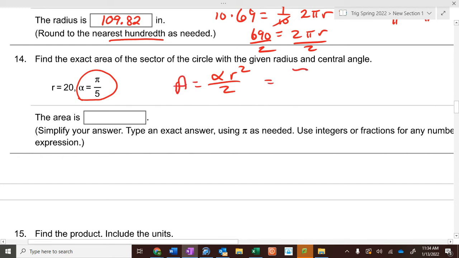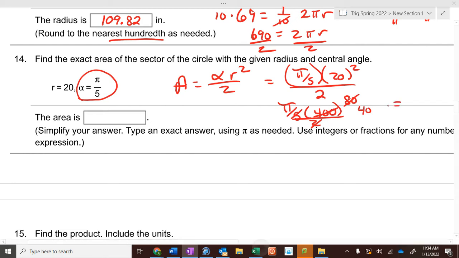So our angle is pi over 5 times the radius is 20, square it, and then divide it by 2. So it's pi over 5 times 400 divided by 2. Well, 400 goes into 5 80 times. 80 divided by 2 is 40. So you get 40 pi.